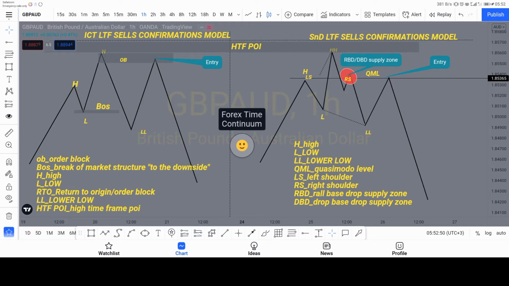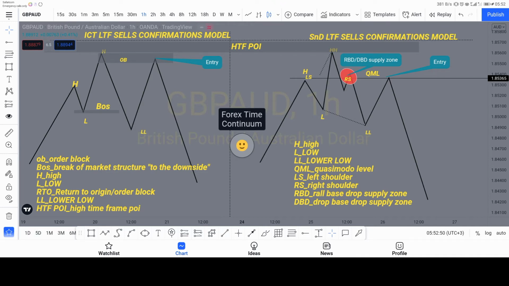The zone is significant. You see, there are a lot of confirmations on the S&D model. We've said the market makes a high, then the low. The low pushes the price and breaks the previous high and forms a high. Then the high drops the price. As it drops, it leaves a supply zone, which we've said is either drop base drop or a rally base drop supply zone.